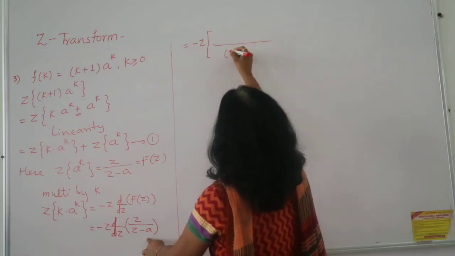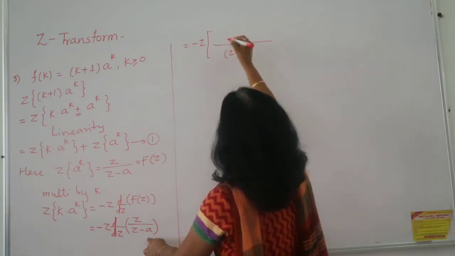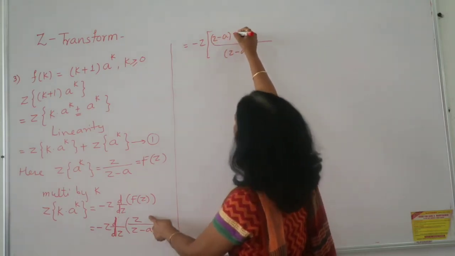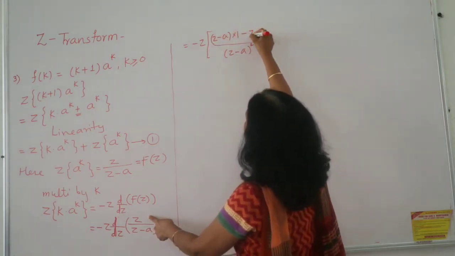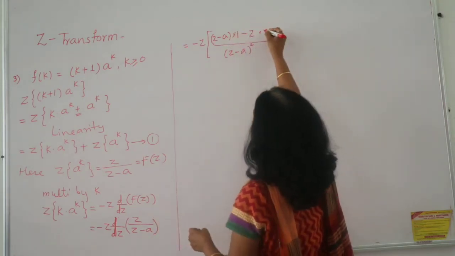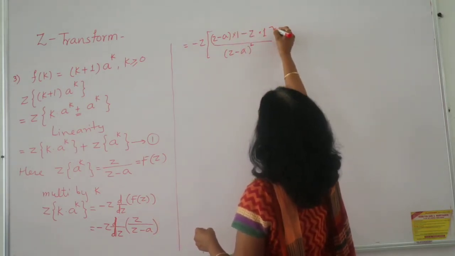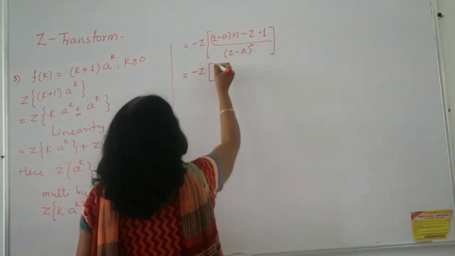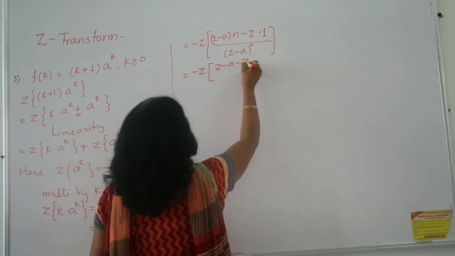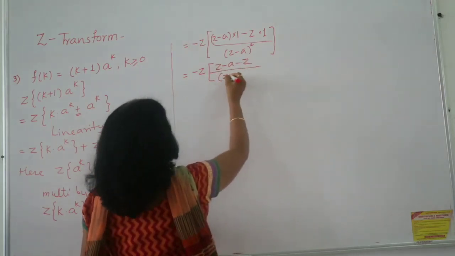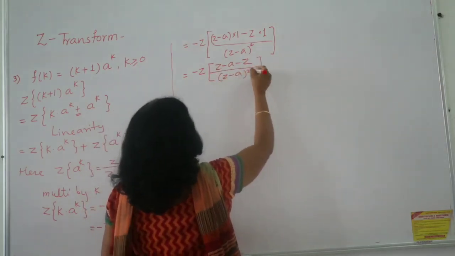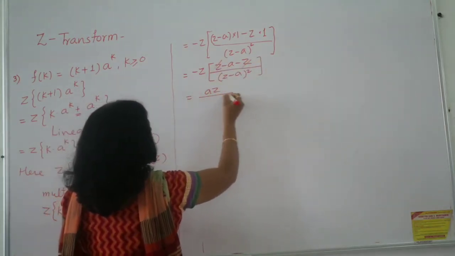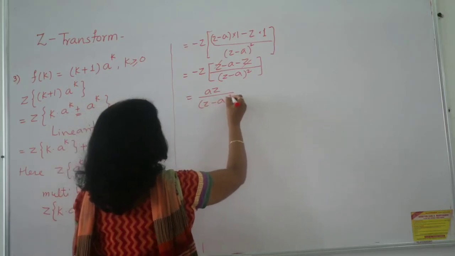First of all, z minus a bracket square will remain as it is, z minus a into the derivative of z, which is 1, minus z, which remains as it is, into the derivative of z minus a, which is 1 minus 0. I have to just calculate this minus z into, just open the bracket like the previous one, only I have gone for direct application here, right? The z and minus z will get cancelled, minus minus will become plus, az upon z minus a bracket square.